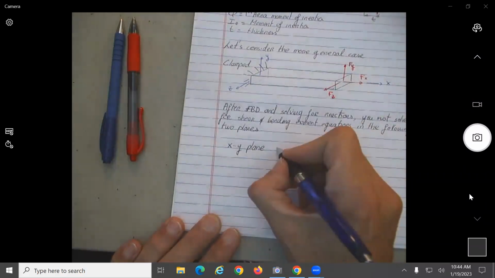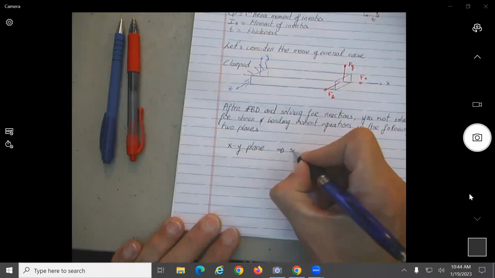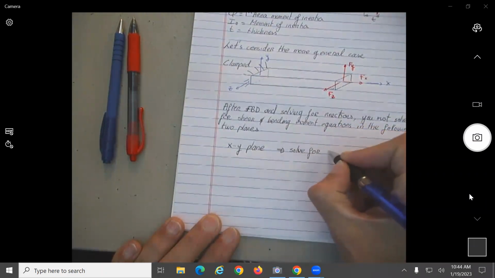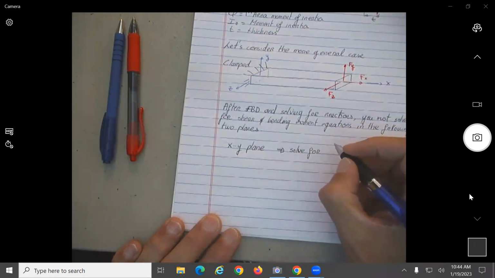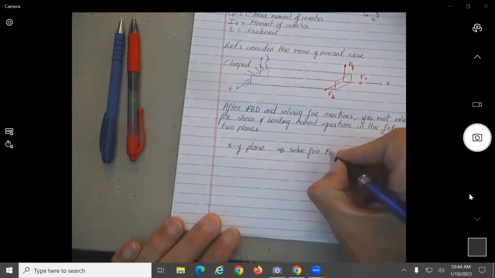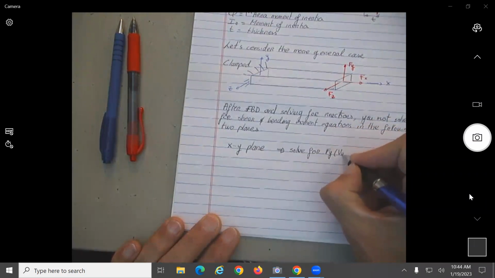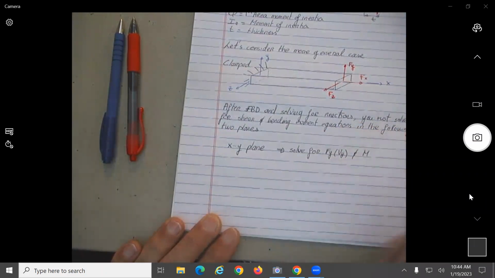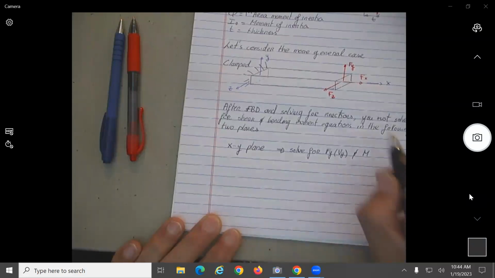So in the XY plane, solve, if you want, for Vy, that would be the shear force in that direction. That would be related to Fy. And the moment about which axis? Which one is making it go up and down? Okay, about the Z, no?